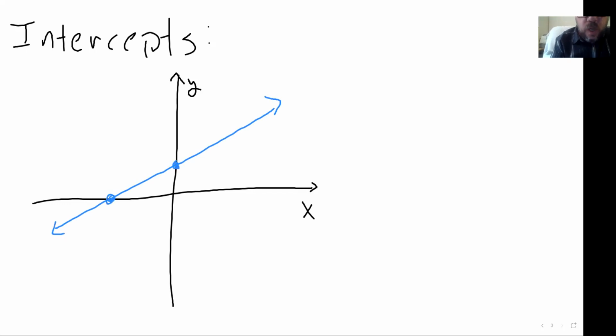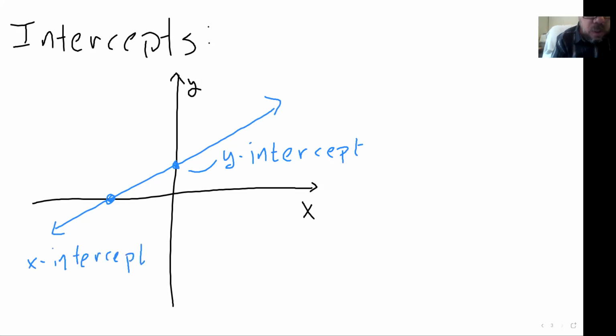So this is the y-intercept. And it's obviously called that because that's where it hits the y-axis, where it intercepts the y-axis. And this is the x-intercept, of course. We don't know a lot about those.